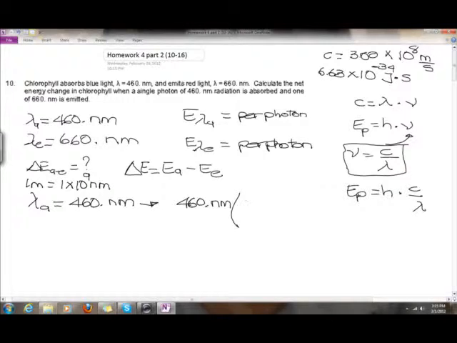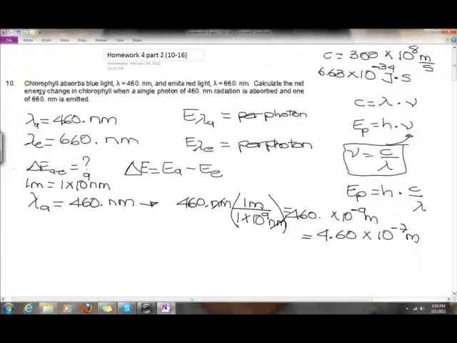The desired unit goes on top, 1 meter, and the given unit on the bottom. So nanometers cancel out, and it's going to be 460 by 10 to the minus 9 meters, which in standard scientific notation is 4.60 by 10 to the minus 7 meters.